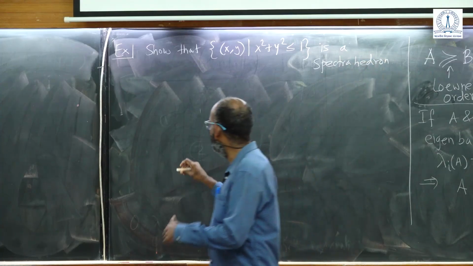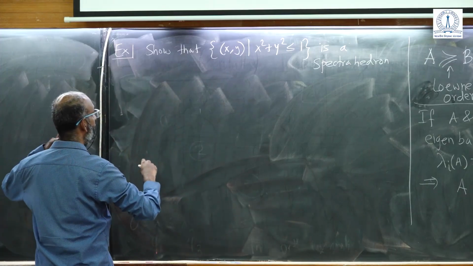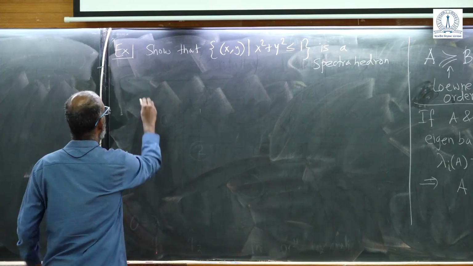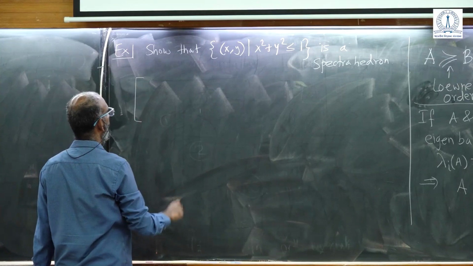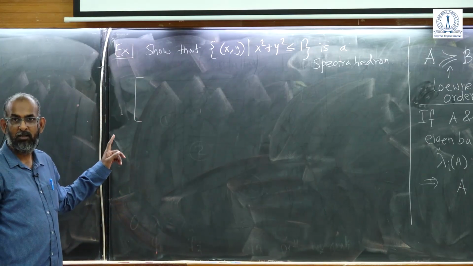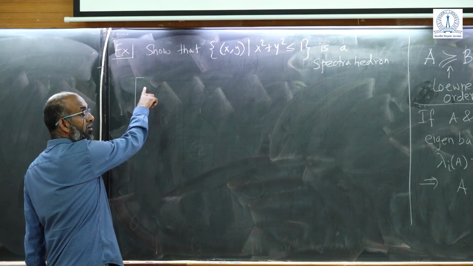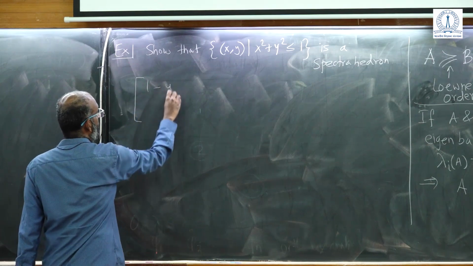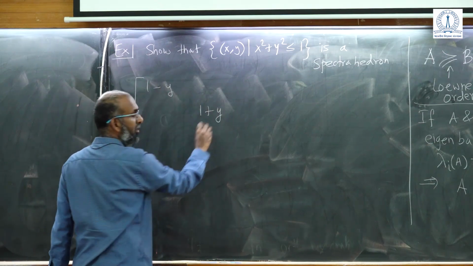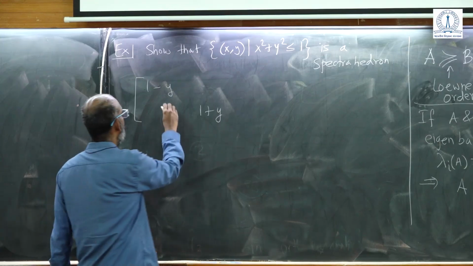So what is your solution? We want to write it in the form of some 2 by 2 matrix. So you want to tell me what the entries are? 1 minus y, 1 plus y, x and x. Okay.